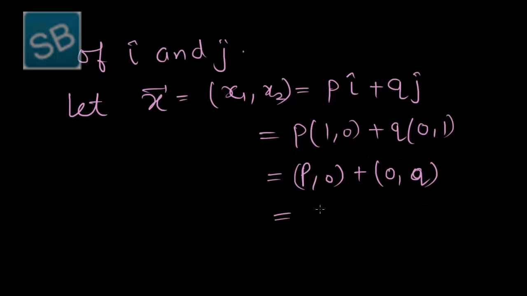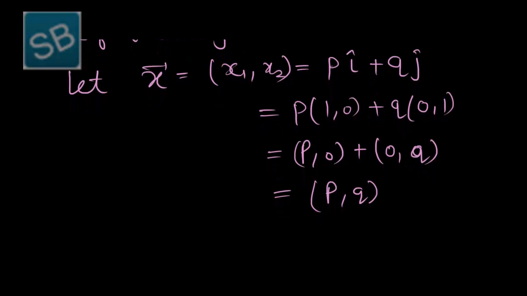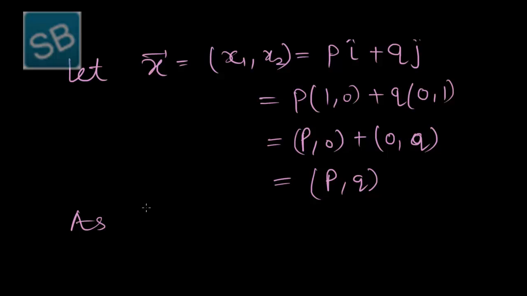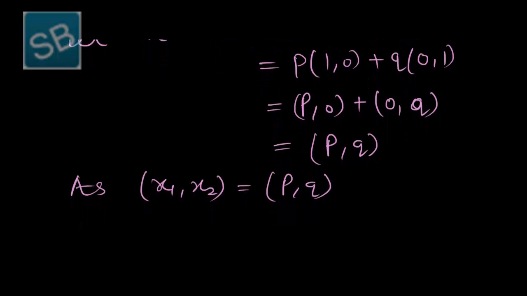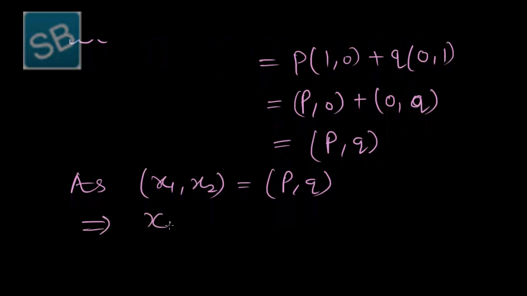So (x1, x2) = (p, q). That implies x1 = p and x2 = q.